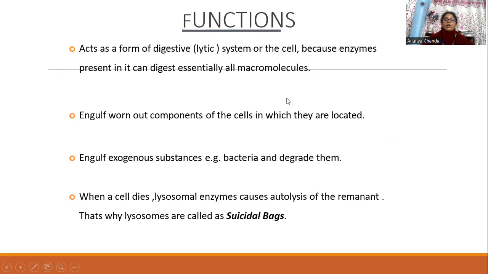So the function is what? It acts as a digestive system, that is, lysis of the cell, because the enzyme lysozyme present can digest essentially all the macromolecules. It helps in engulfing any harmful or exogenous substances like bacteria, and whenever there is cell apoptosis, this lysosomal enzyme causes what?